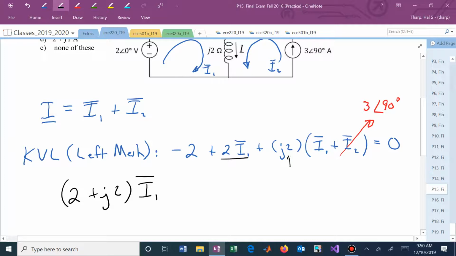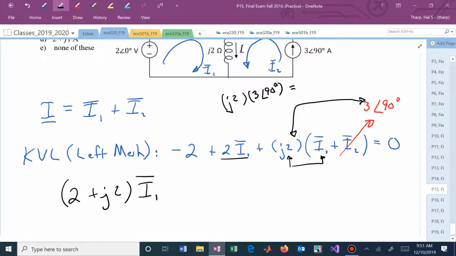I've now accounted for this piece. What is this combination? I now have j2 times 3 at 90 degrees.